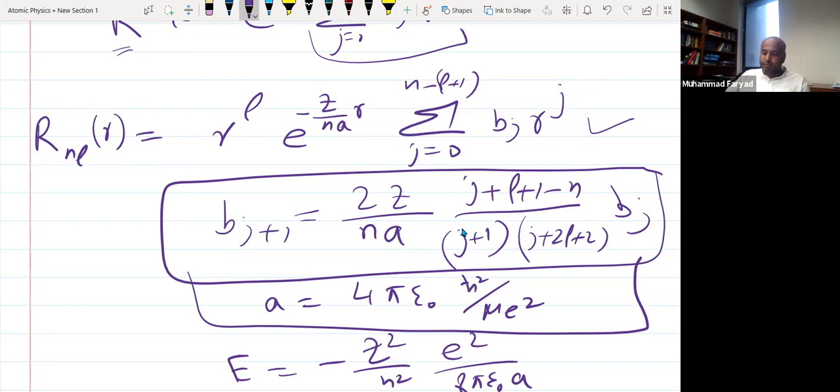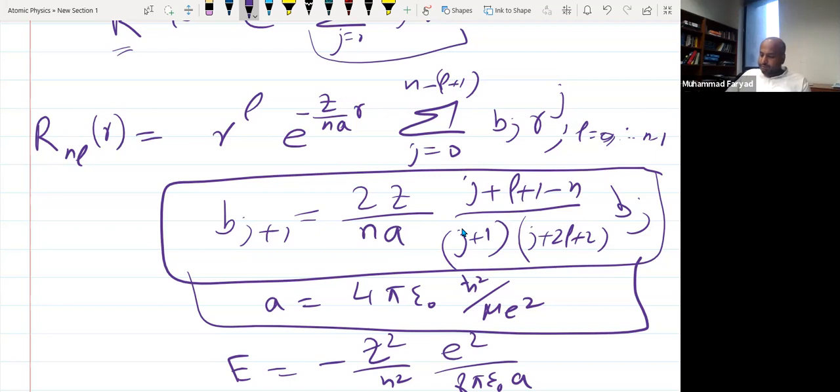So l is restricted to be 0, 1, all the way to n minus 1. Whatever the value of n, l has to be 1 less than that to make sure that this coefficient doesn't get negative, so that this r doesn't go to infinity.